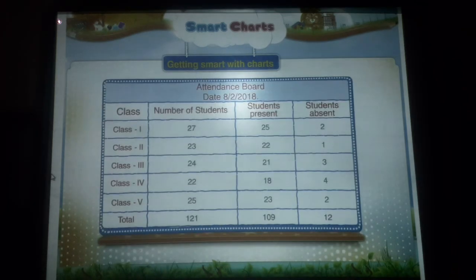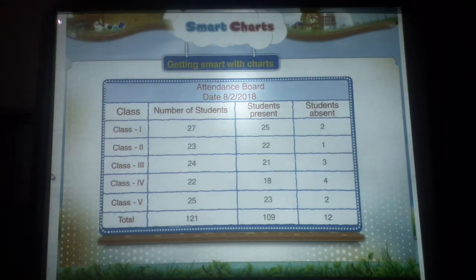Getting smart with charts. It is giving information about attendance. It is of the date 8/2/2018.